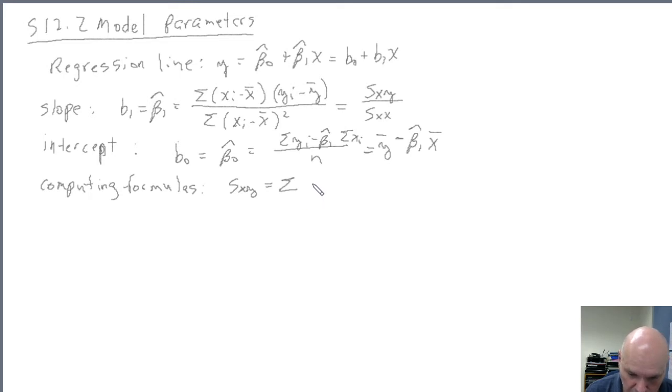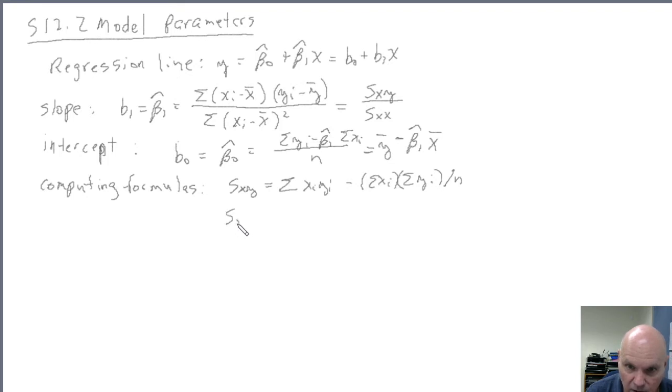So an alternate formula for computing Sxy is the sum of the xi, yi product pairs minus the sum of the xi times the sum of the yi, all divided by n.